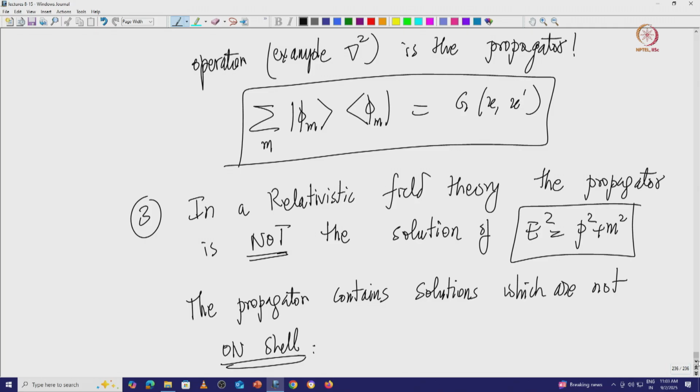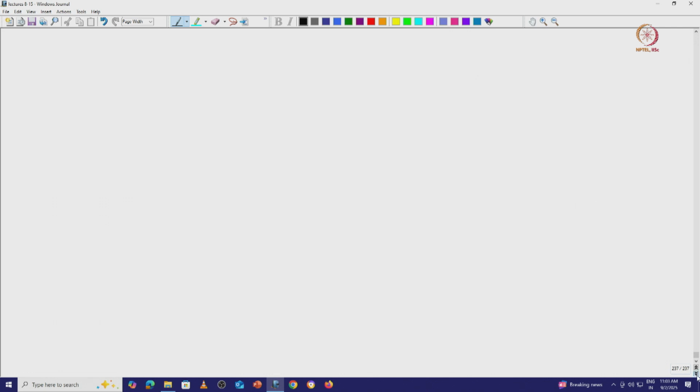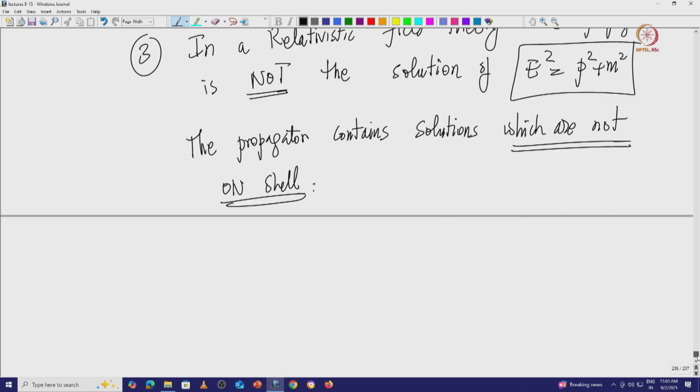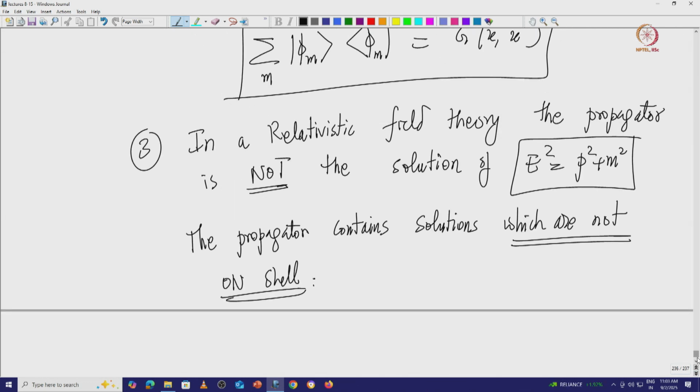This is because you remember that you put a delta function in the source here. If you put 0 on the right hand side, that is exactly the relativistic expression E square is equal to P square plus M square. Let me explain one more time.